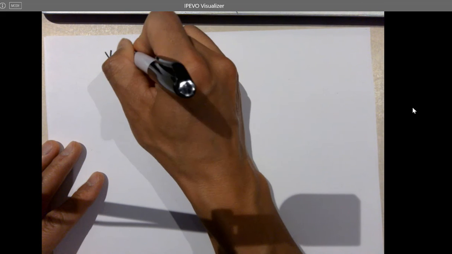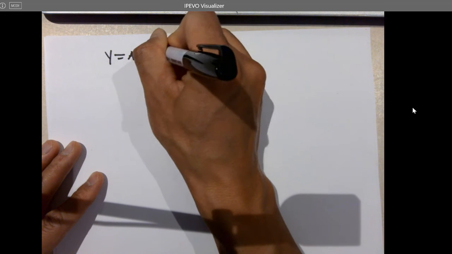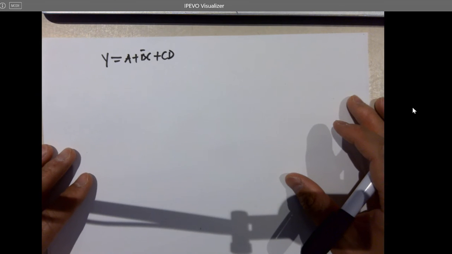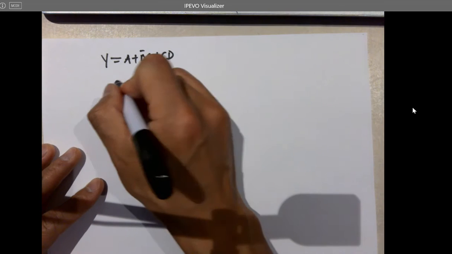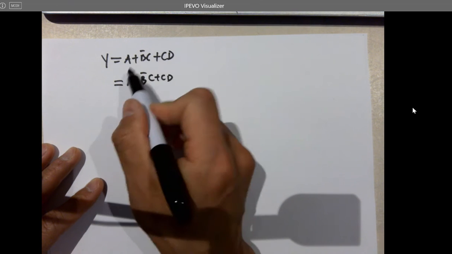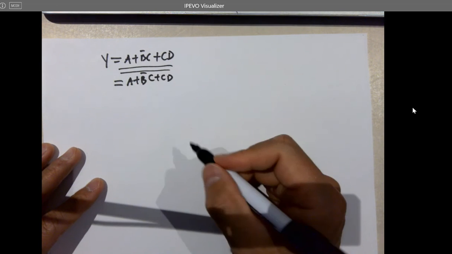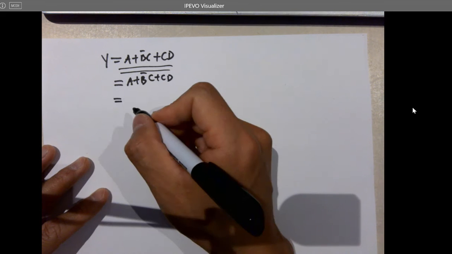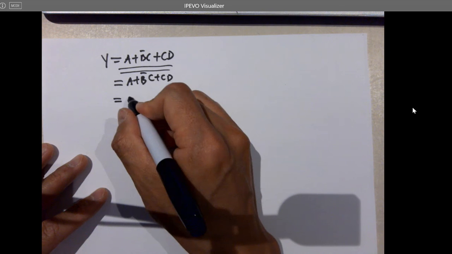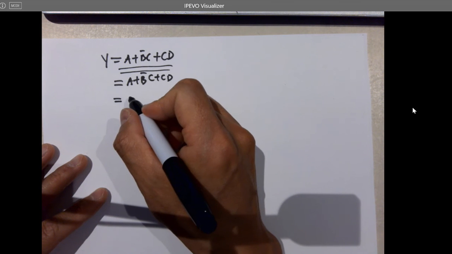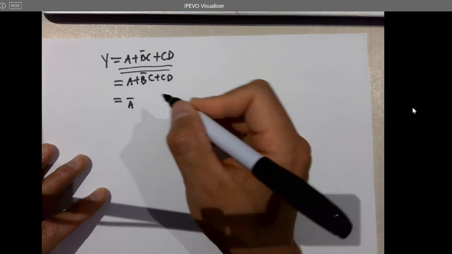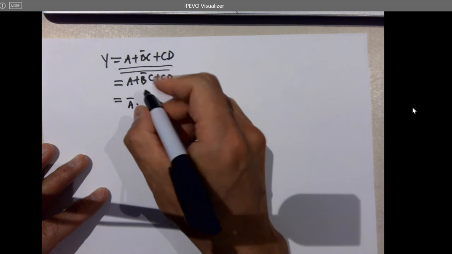Y equals A or B not C or CD. Split the bar, change the sign.